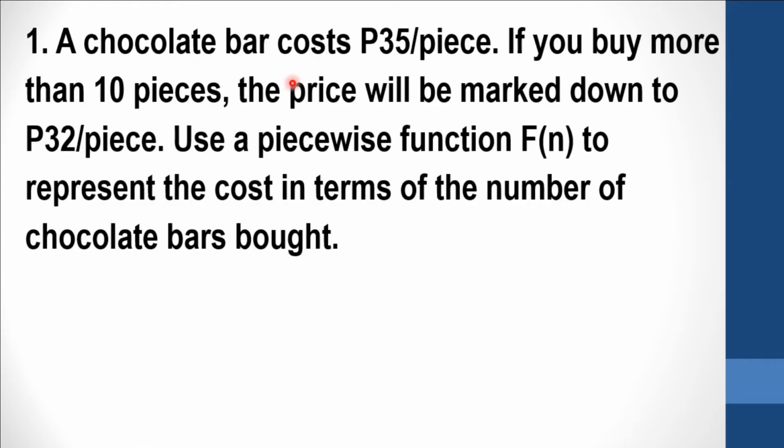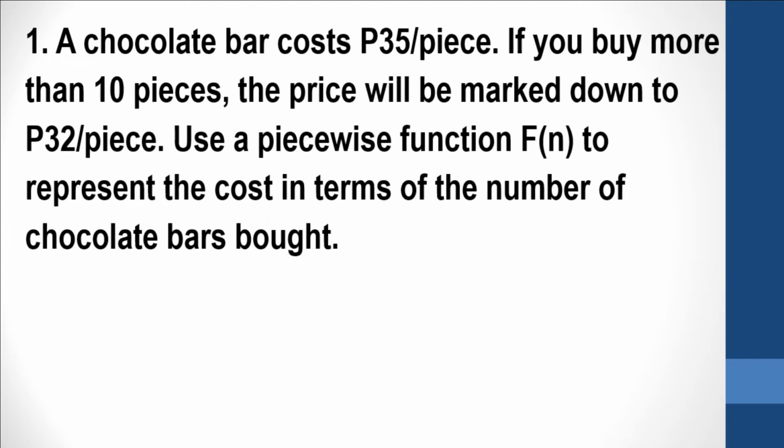A chocolate bar costs 35 pesos per piece. So, bawat isa ng chocolate bar, tag 35 pesos. If you buy more than 10 pieces, if sobra sa 10 yung bibilhin mo, the price will be marked down to 32 na lang siya, 32 pesos. Use a piecewise function f of n to represent the cost in terms of the number of chocolate bars bought.